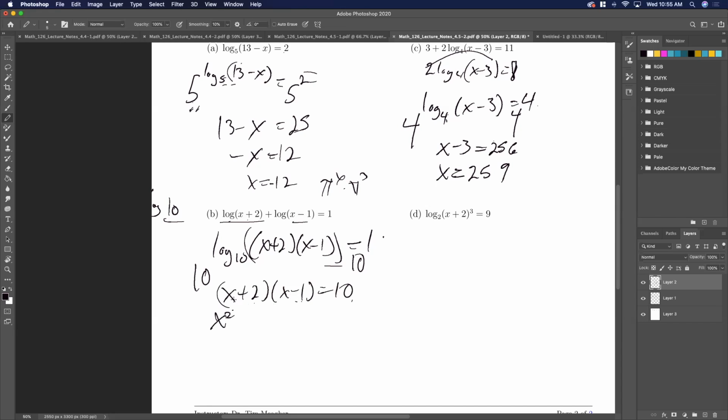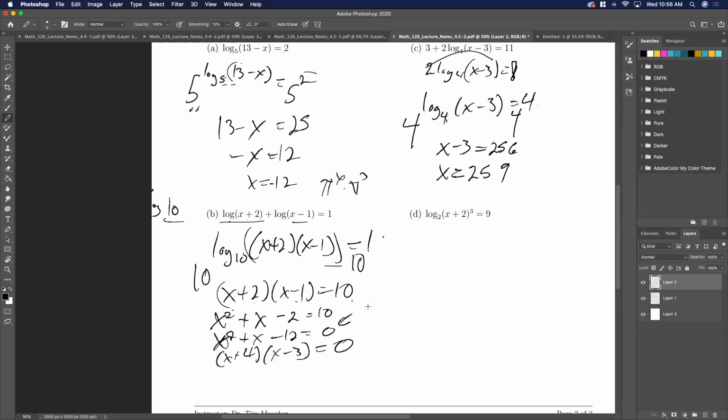So we'll have x squared plus 2x minus an x, so it'll be plus x, minus 2 equals 10. So that means x squared plus x minus 12 equals 0. Now that we have the 0 here, we can factor again. This will be x plus 4, x minus 3, because I want the factors of negative 12 to add up to equal 1.